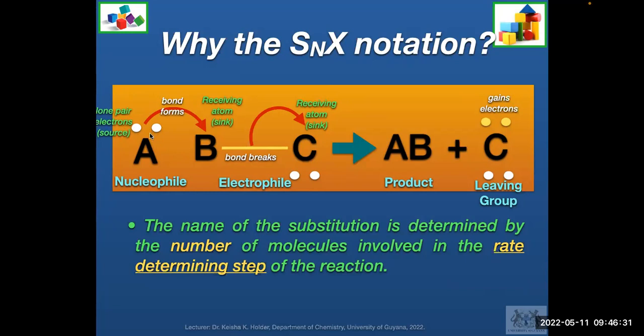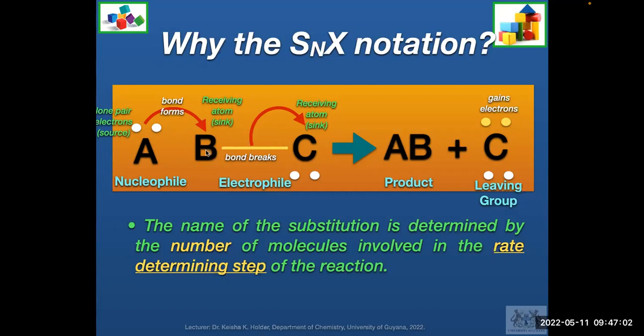Our arrow originates where the electrons are because that's the source, and it actually ends or terminates at the electrophilic atom, which is B. In this case, the bond will then form between the atom of this nucleophile here, which possibly is A in this case. This is a general case, but it certainly will be formed between A and B.